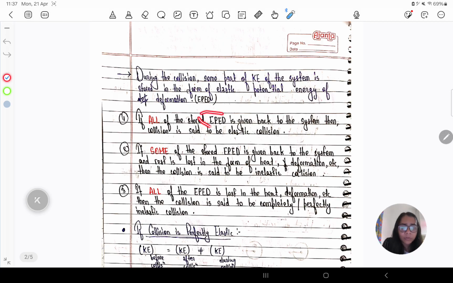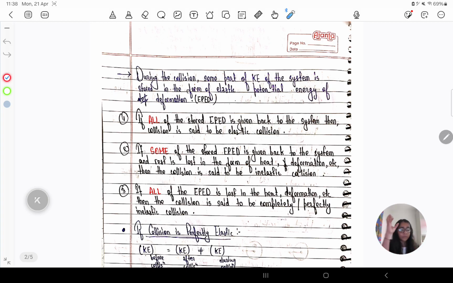What is the elastic potential energy of deformation? It is the initial kinetic energy minus some energy, right? So what was the final kinetic energy? If the elastic potential energy was not given back, during the collision, what will be the kinetic energy of the system?